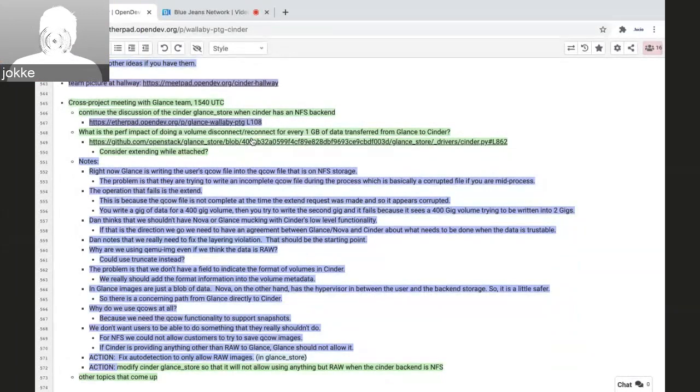Because the problem that is going to cause is now the deployer needs to make the decision, do they want their volumes to have snapshots, or do they want to store their images on that backend? Because on a normal Glance use case, if we use the Cinder, even if it has a double wrapping, and Nova comes and requests that image, we will be streaming that QCOW to Nova instead of streaming it as raw data.